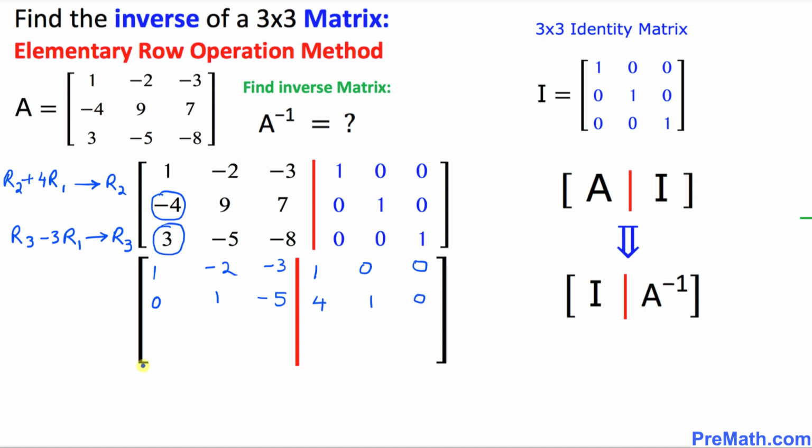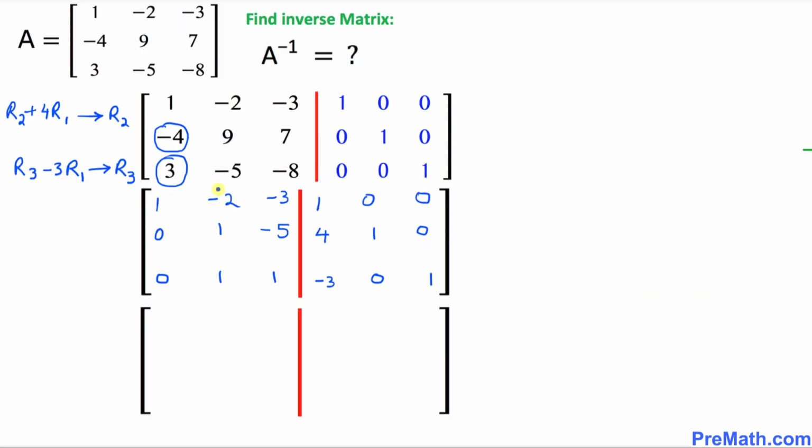Finally, row 3 is going to become 0, 1, 1, and on this side -3, 0, 1.